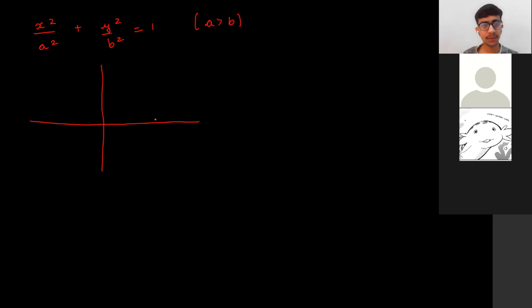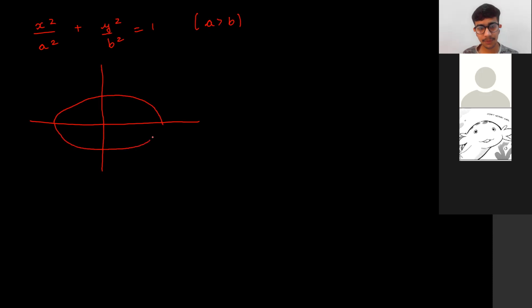Now next we have an ellipse and a hyperbola. The equation of an ellipse is x square by a square plus y square by b square is equal to 1. Now there are two conditions for an ellipse: when a is greater than b and when b is greater than a. When a is greater than b, the ellipse is like an oval with the major axis as the x-axis. Major axis means it will be more stretched towards the x-axis.